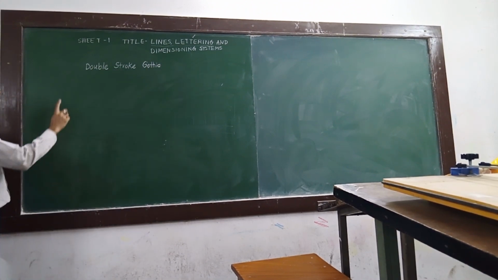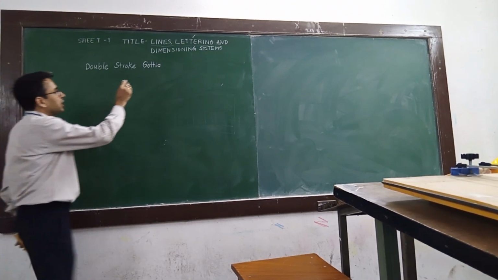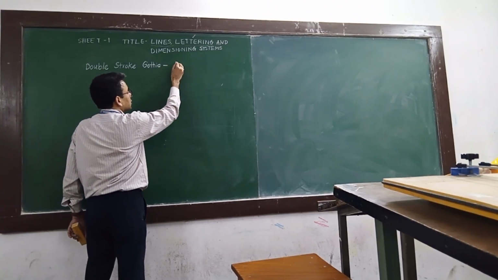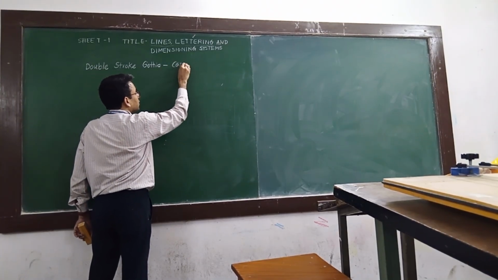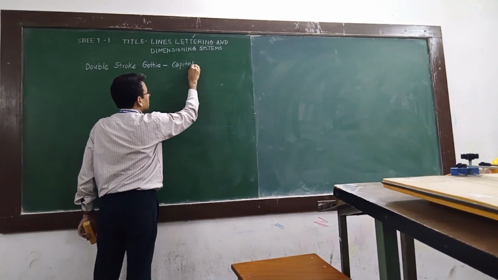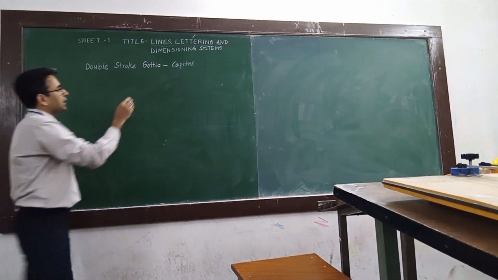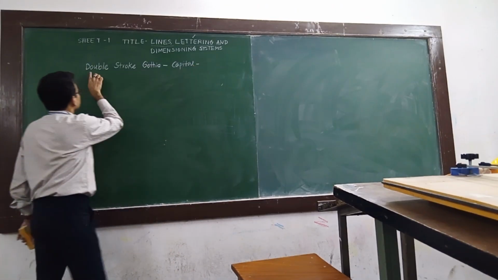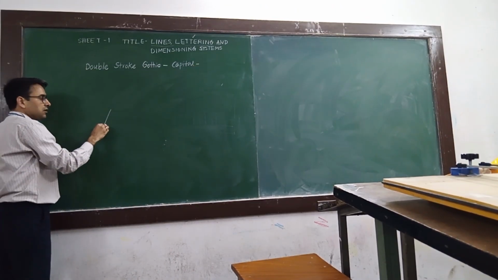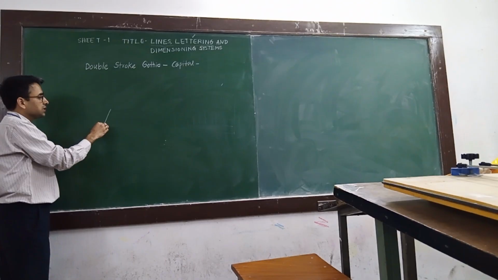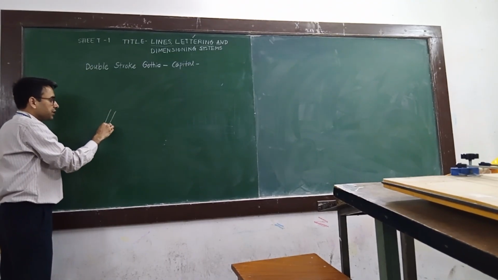Here we will write capital letters, and those letters will be double stroke. It means you have one line, which is called a single stroke, and for double stroke it will be like this.